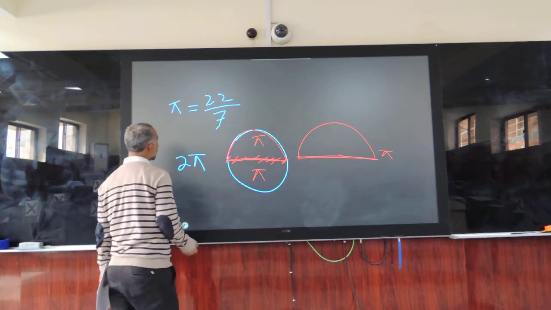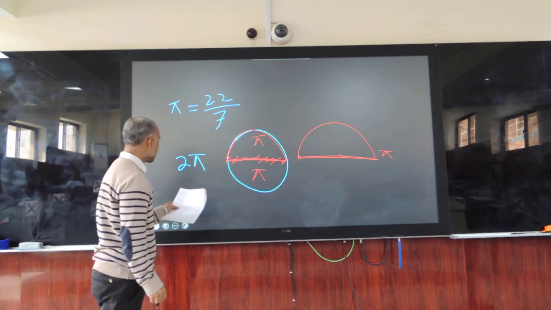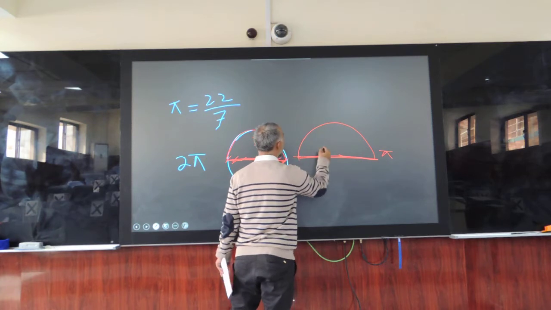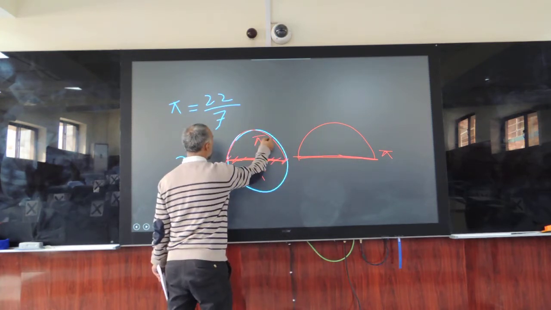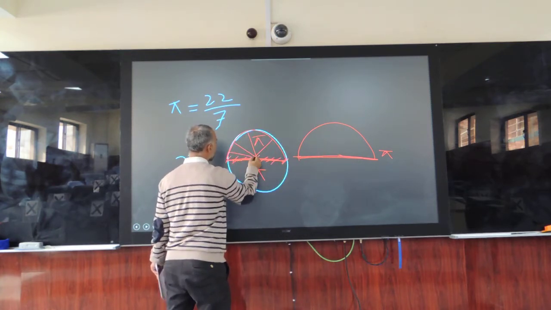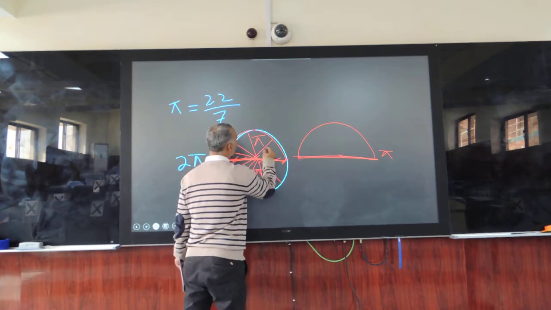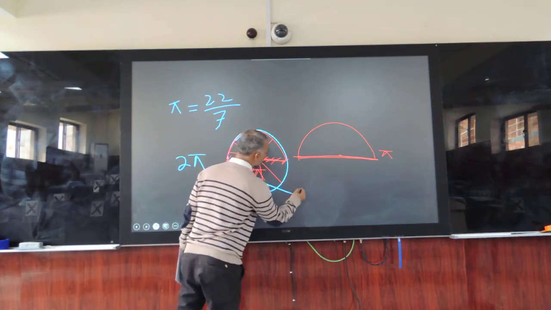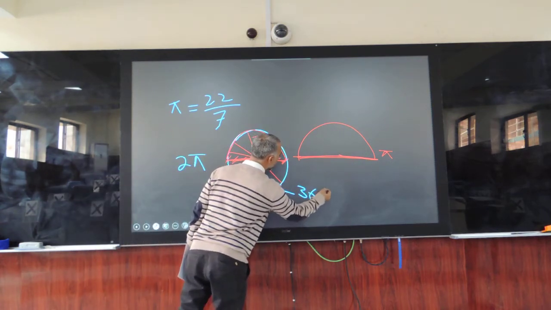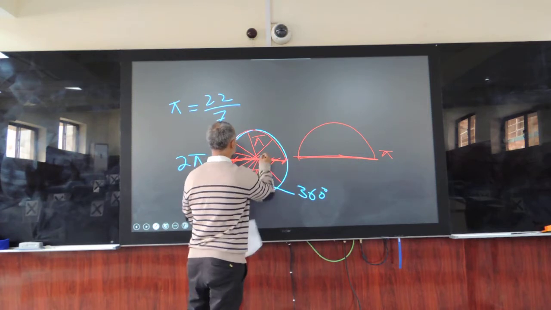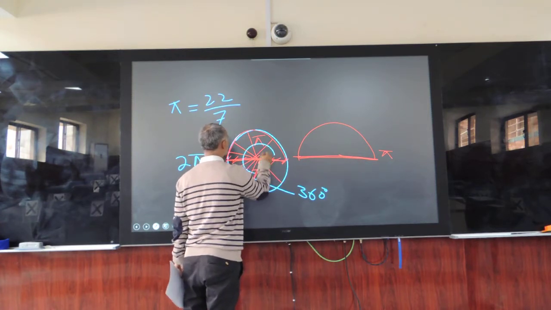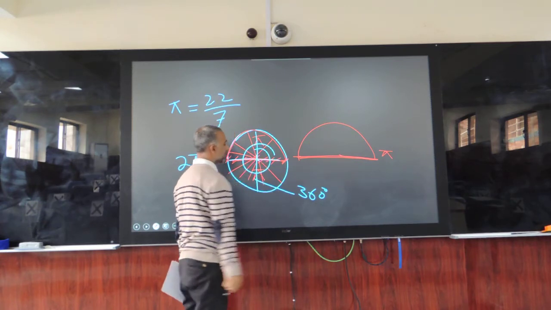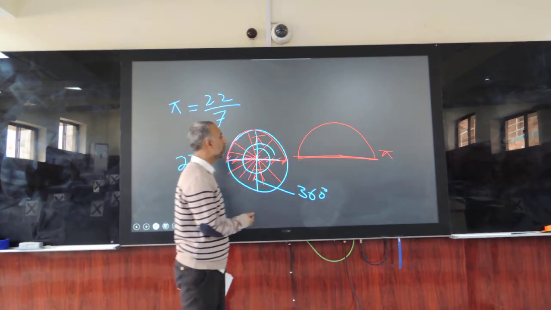So once we are talking about the radian transformation into degree, here it's a straight line. Otherwise we know how many angles there are in one circle in terms of degrees: 360 degrees. The sum of all the angles here is 90, 90, 90, 90, 4 times 90 is 360.